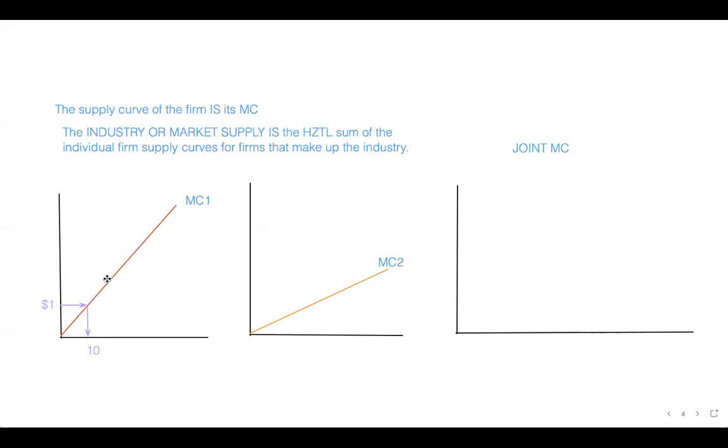Then see what I do next. At the same price, see how I'm going along horizontally? Yes. Right. Firm two will produce like 20 tomatoes.